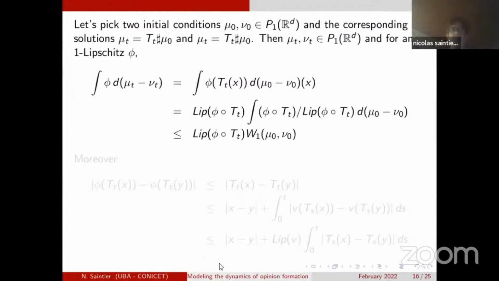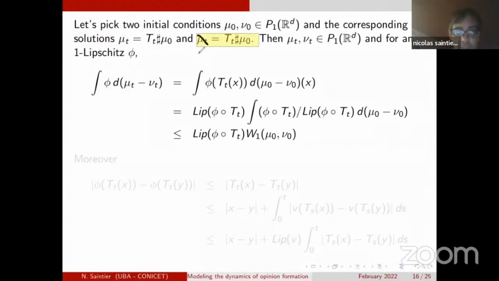So let's see how we could use this distance to get some estimation of the distance between my two solutions, mu t and nu t. This should be nu t equal to the push forward of nu naught. I copy pasted and forgot to change mu for nu.